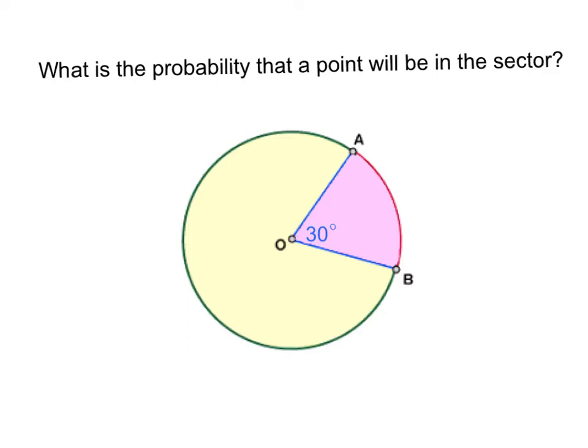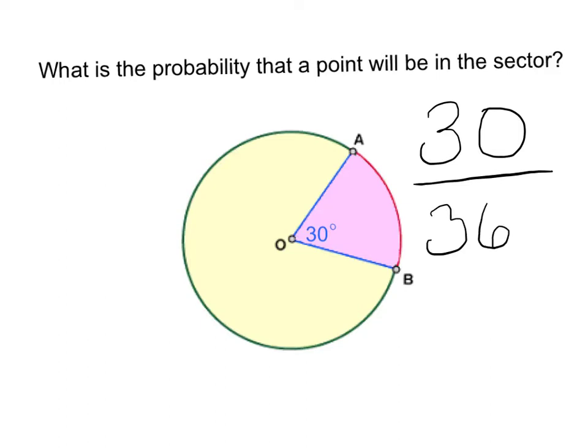Now, last unit we looked at finding the area of a sector, and part of that process was to take the measure of the angle and then divide by all of the angles within a circle. And then we reduce that to a fraction.